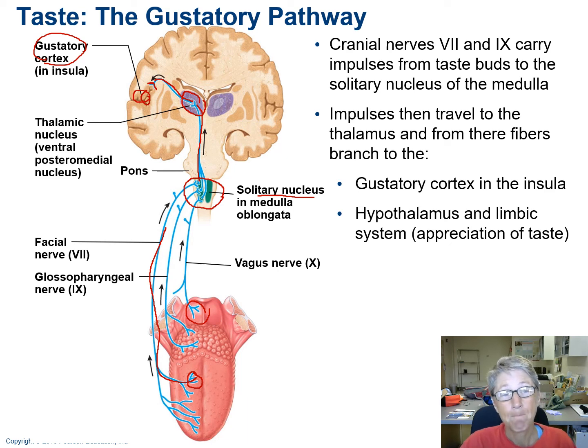Okay. It doesn't show in the cartoon, but this axon will branch and go to the hypothalamus and limbic system so that you can remember and appreciate taste.